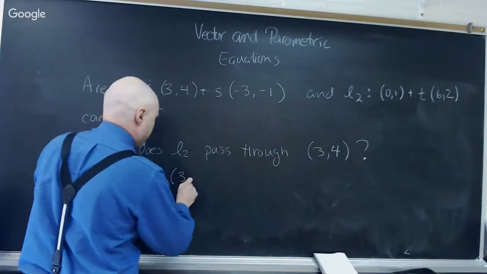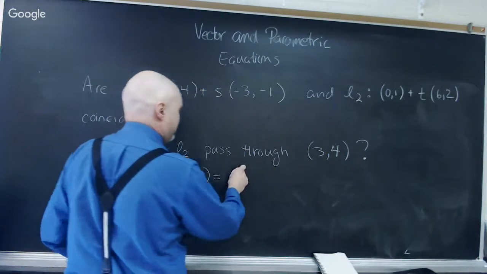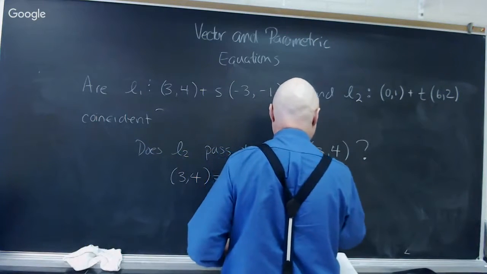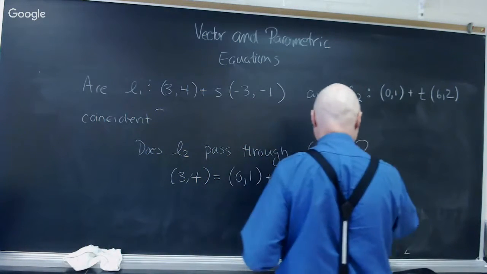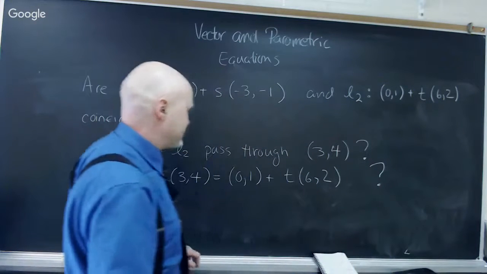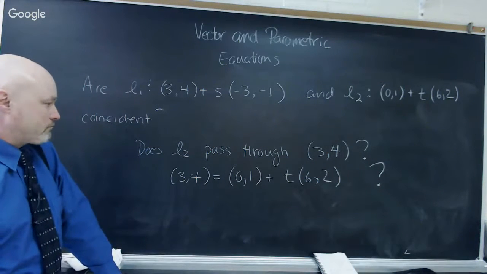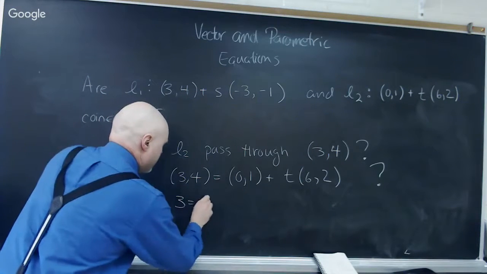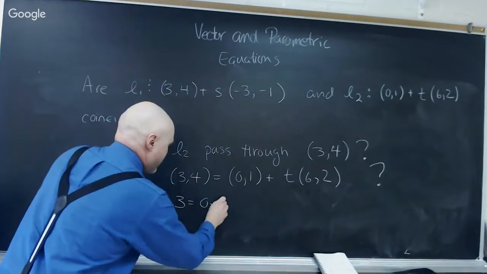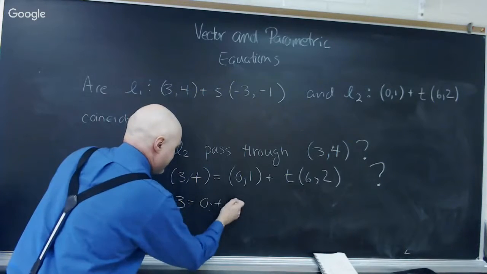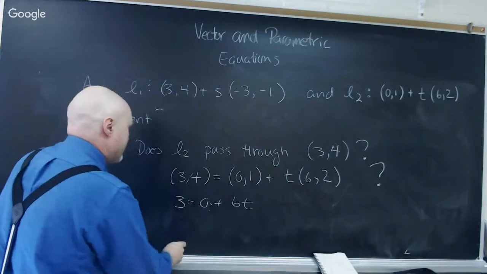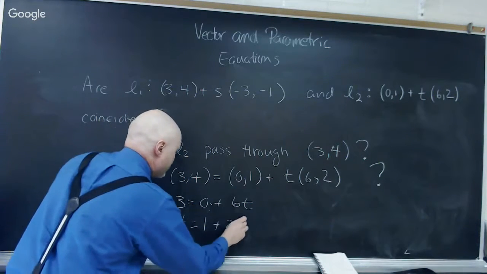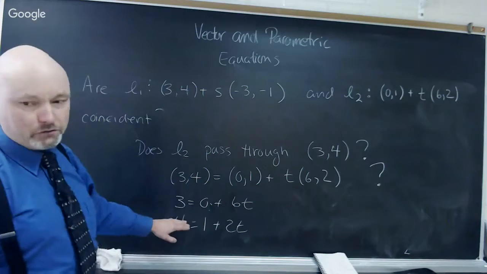In other words, can we make 3 and 4 equal to 0 and 1 plus t times 6 and 2? So 3 would have to be equal to 0 plus 6 times t for some value of t, and 4 would have to be equal to 1 plus 2t for some value of t.